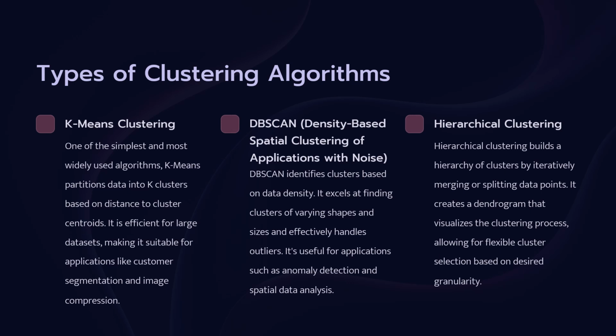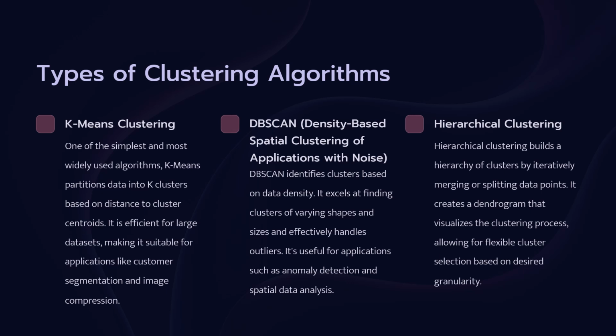There are several types of clustering algorithms, each designed for different data structures and requirements. Based on the classification from the paper I referenced, algorithms can be categorized by principles such as partition-based clustering, which is known as k-means clustering, density-based clustering, which is known as DBSCAN, and then hierarchical clustering, which is also known as agglomerative clustering, and a couple other ones that I won't really get into in this presentation.